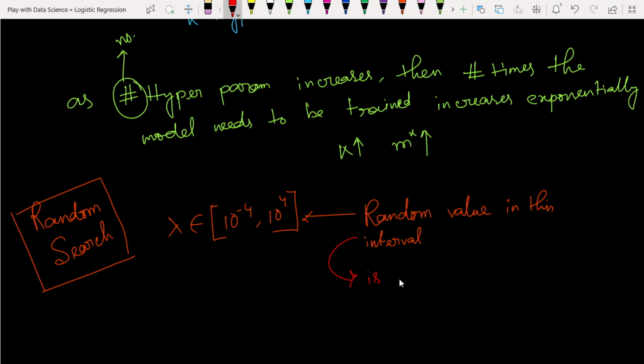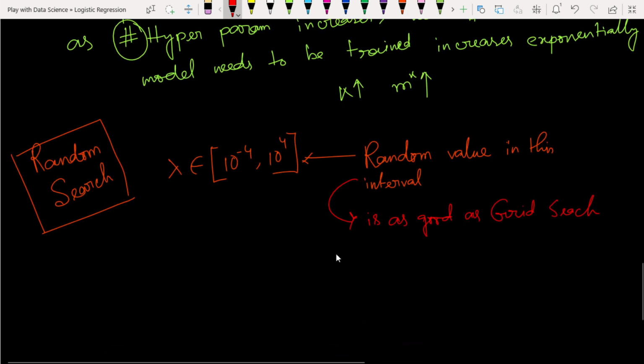It is as good as grid search when our set of hyperparameters is large. When our hyperparameter is large, then random search is as good as grid search.